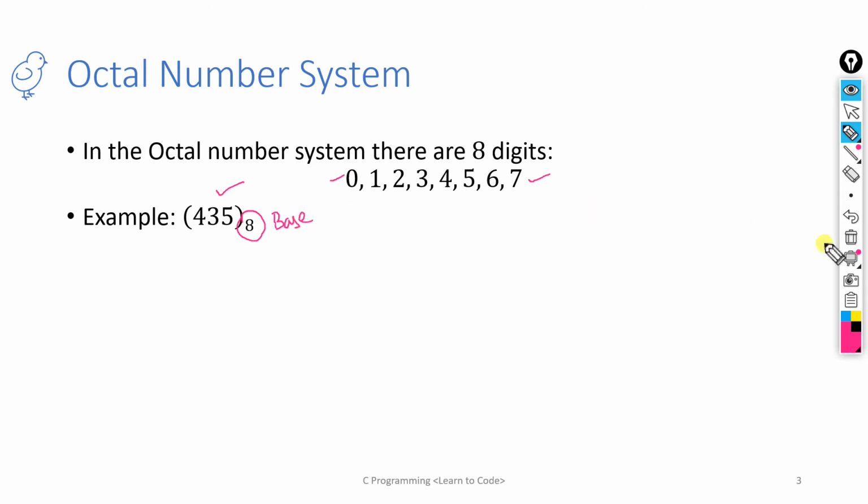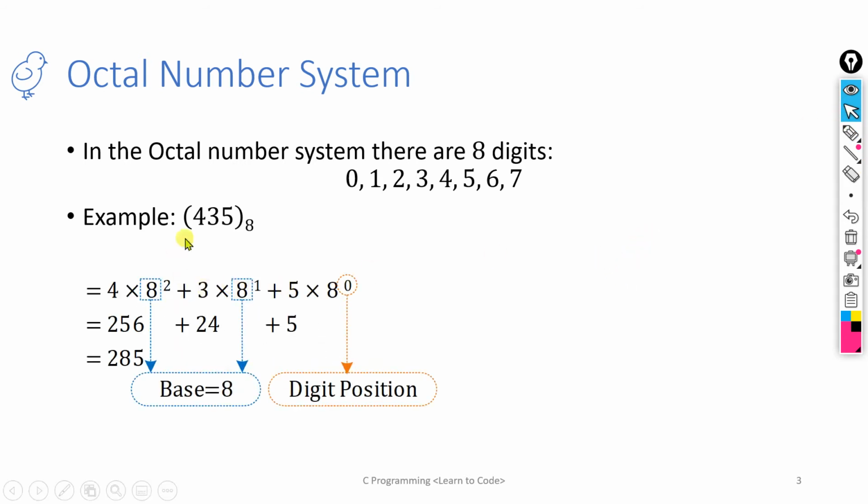If a similar rule is followed, as I have already explained previously, you can see here, if you multiply each digit with its base to the power of the position, let's say this is your position 0, this position is 1, and this position is 2.